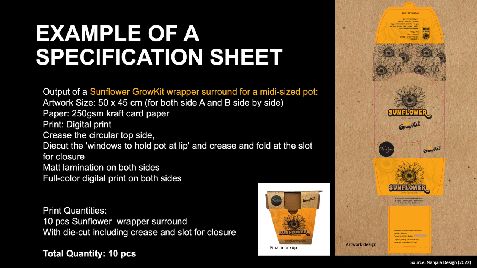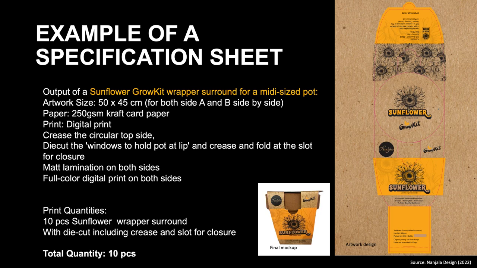And if you look at the artwork closely, you'll see a key line in magenta that indicates where the cutting will be made, and where the creasing will be made with a dotted line. He indicates that there are windows to hold the pot at the lip section, and there are creases and folds at the slots for the closure.